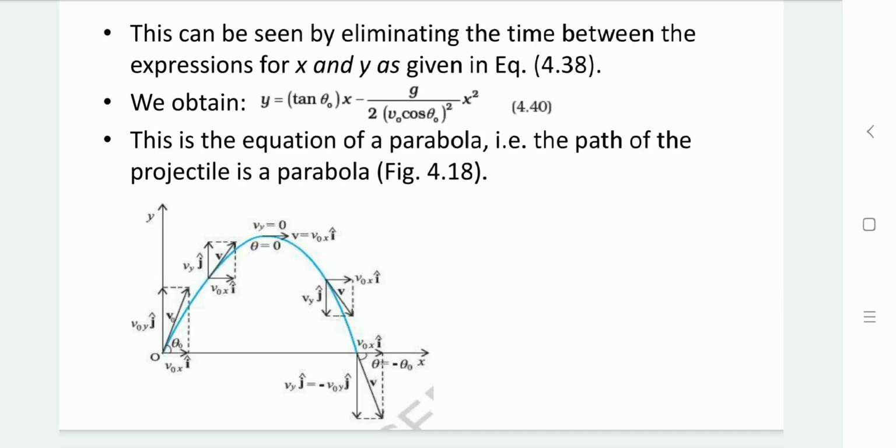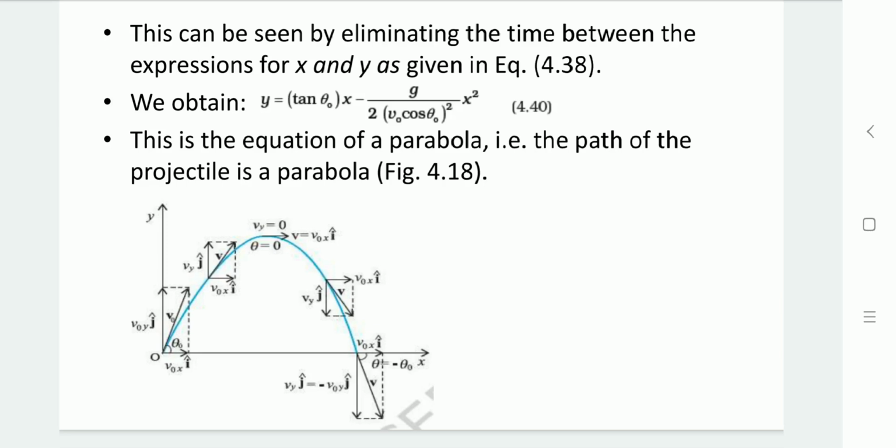At that time the velocity v is there. The direction of the object's vertical motion is reversed: the vy component is now downward, and v0x remains in the same constant direction.